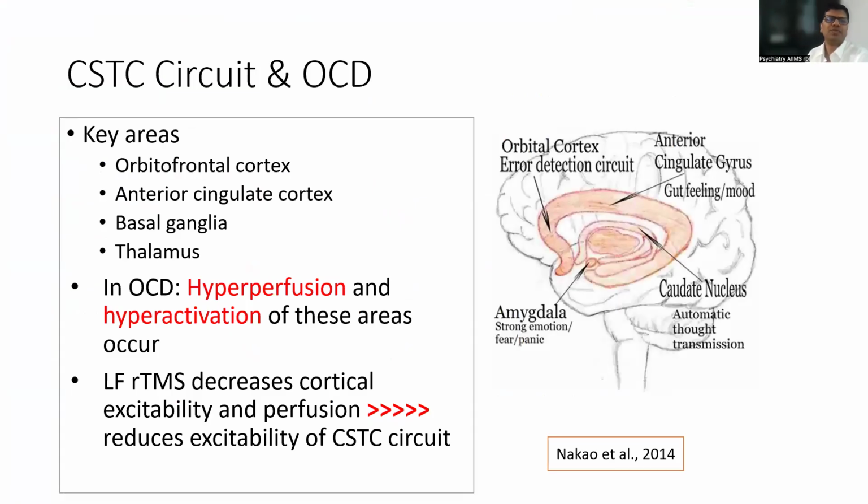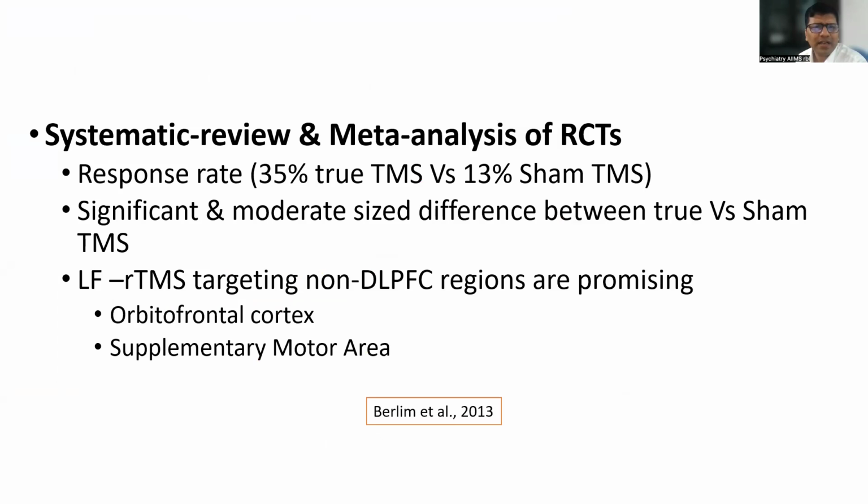Now coming to use of TMS in OCD, this is another area where TMS is commonly used. The corticostriatothalamocortical circuit is involved, so you can target the different areas. Common areas targeted are the orbitofrontal cortex and supplementary motor area.